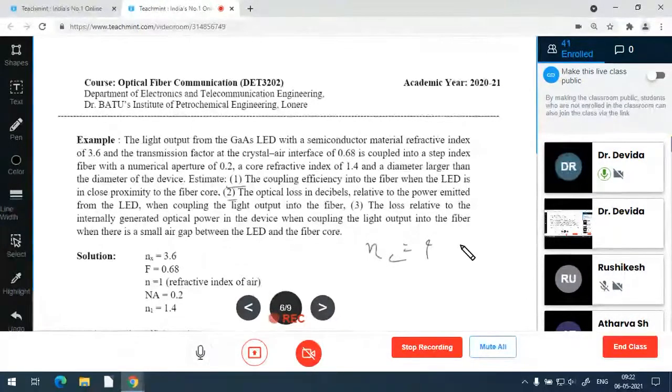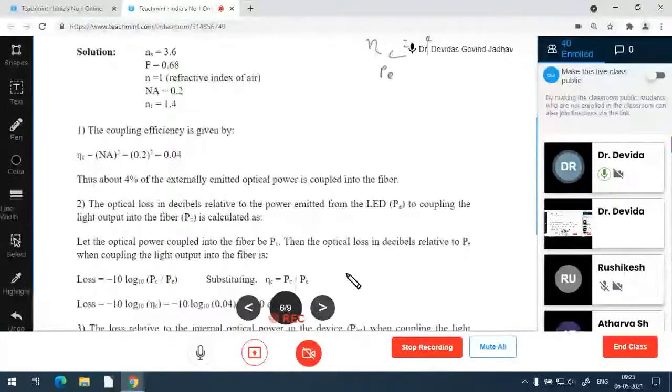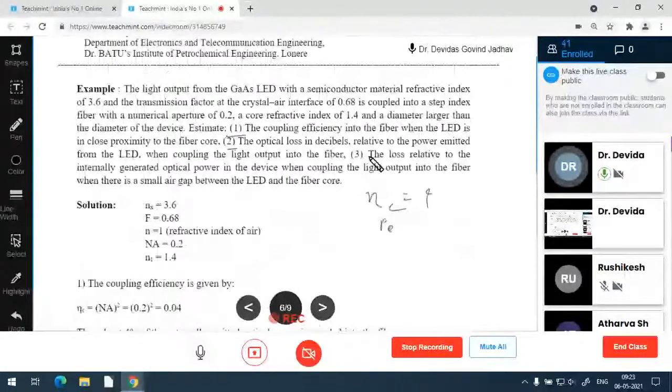Second, the optical loss in decibel relative to the power emitted from the LED. Power emitted will be PE when coupling the light output into the fiber. So with respect to power emitted, we have to calculate the loss. It is the ratio of power emitted to power coupled. In coupling, what is the loss?